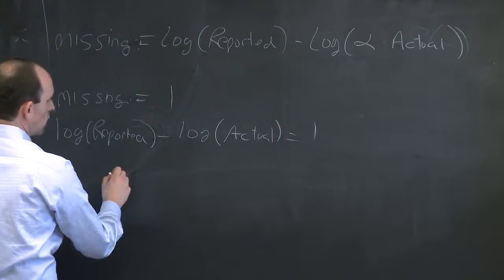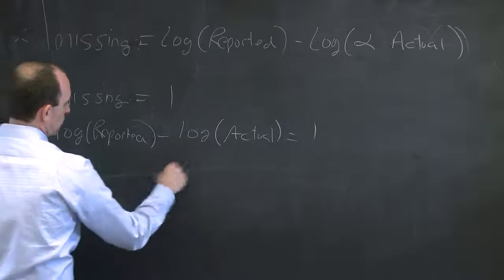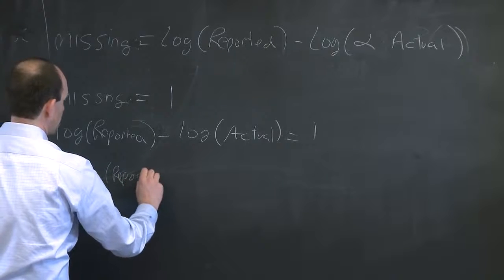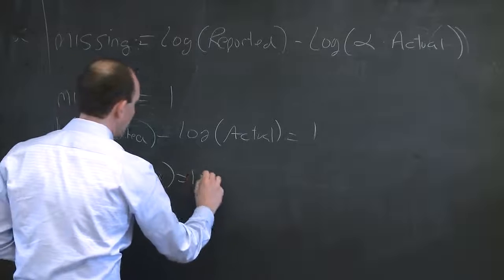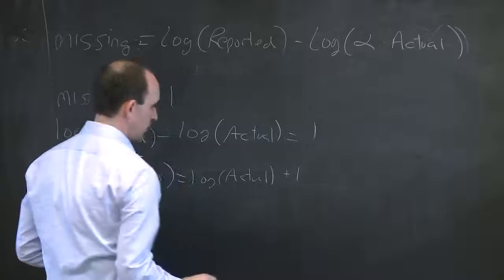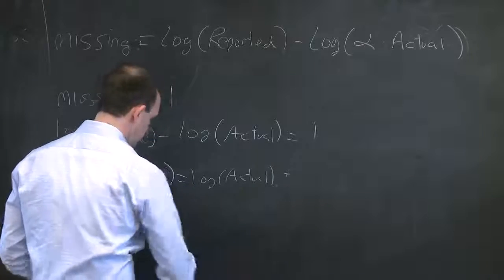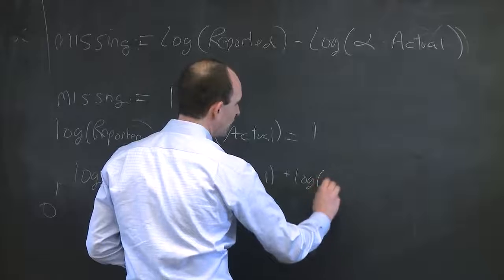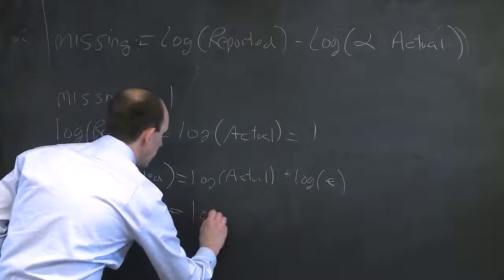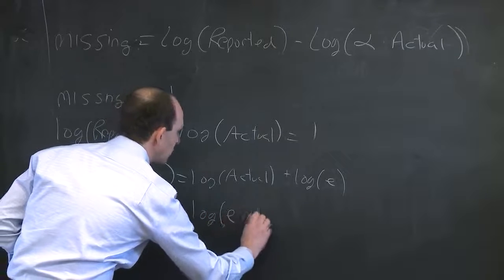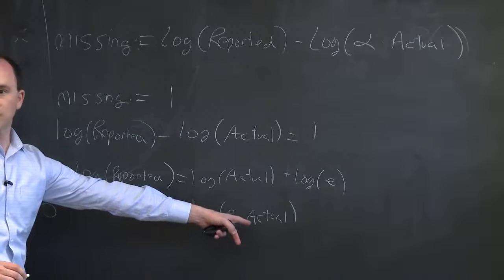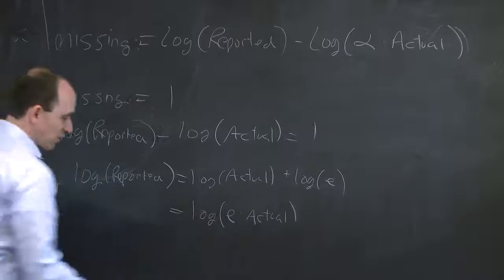So that means that log reported equals log actual plus 1, right? What's 1? 1 is log of e. So that means that the reported amount equals e times the actual. Right? So the reported amount is 2.7 times as high as the actual amount. That's just to interpret magnitudes.